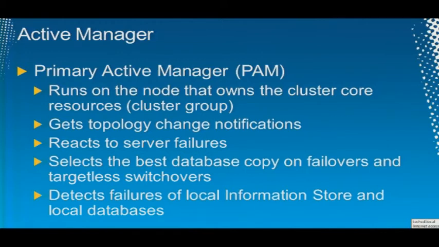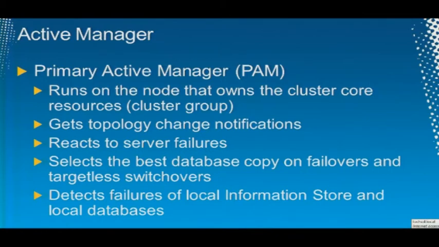Now, Active Manager has a very specific process that we call best copy selection. Best copy selection is the process that it uses to determine which database copy, if you've got multiple copies of a database, is the best possible copy to activate. Okay? Now, the activation might be the result of a failure, or it might be what we call a targetless switchover.